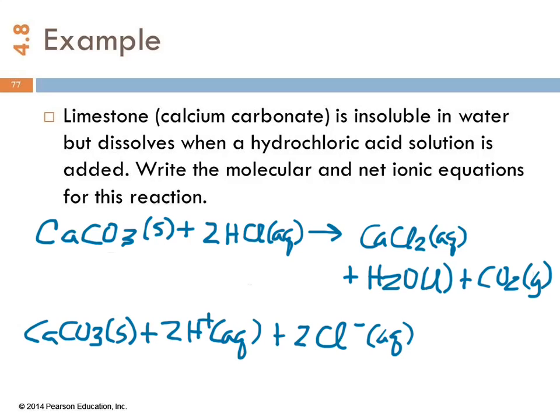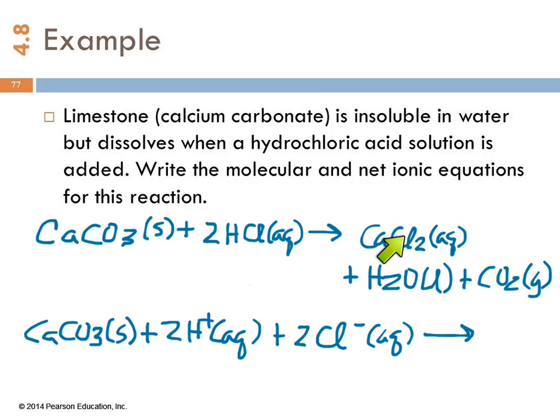I'm using the 2 because I've got 2 of these units. And if I take this unit apart, then I've got 2 of each of the parts. Always have to include charges on ions when you're writing these net ionic equations. And so those are the reactants. And then let's look at the products. Should I divide calcium chloride into ions?